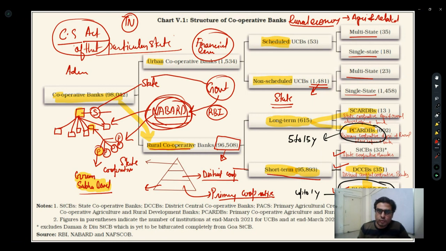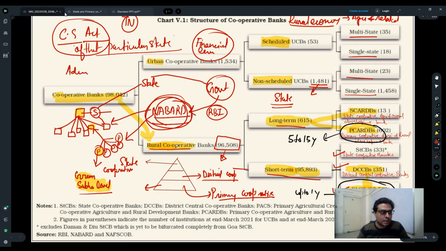So in order to fulfill that objective, state governments, especially some southern states like the progressive state Tamil Nadu, started not only giving loans for agriculture and allied sectors, but also for non-agriculture or non-farming activities, whether at long-term or short-term level. Tamil Nadu was one of the first states to start doing this.